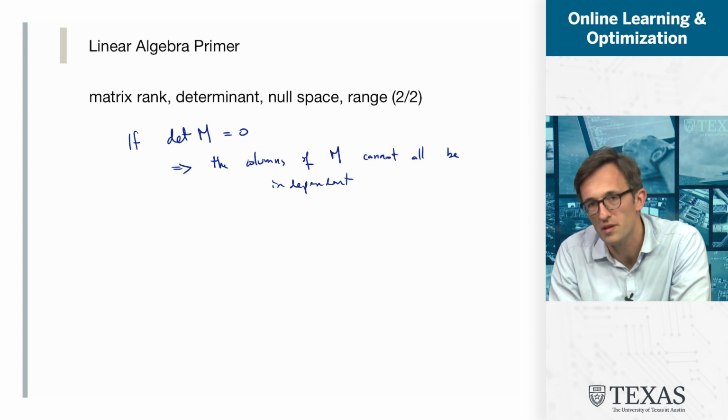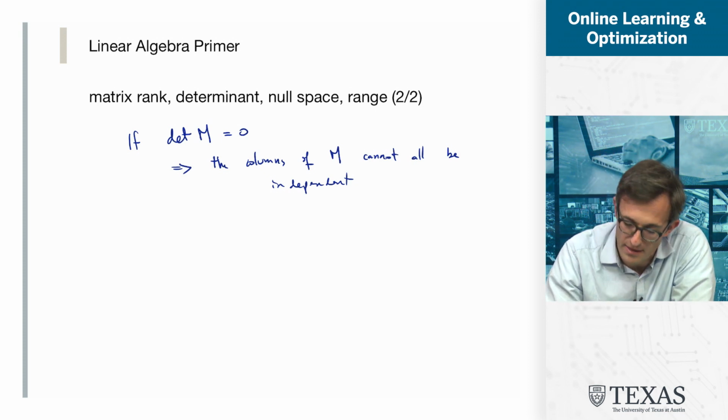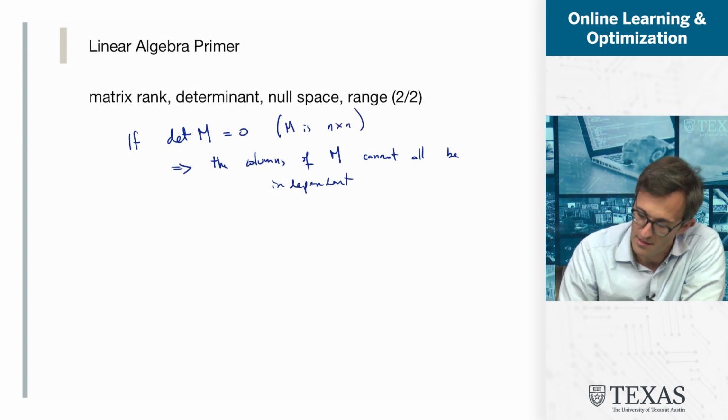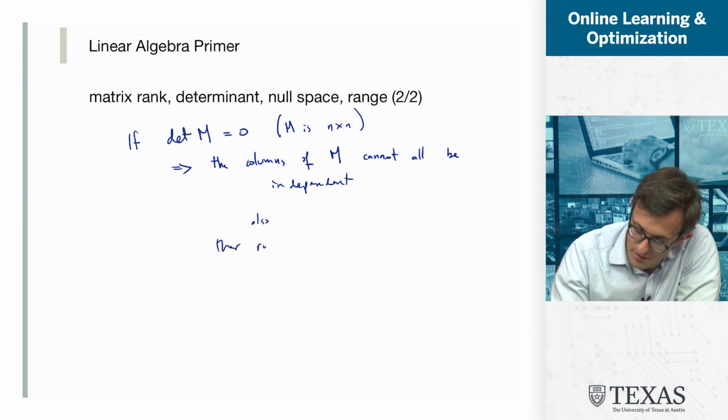Note that determinant only is a calculation that makes sense for square matrices, so only in the case where M is n by n. Also, the rows of M cannot all be independent.